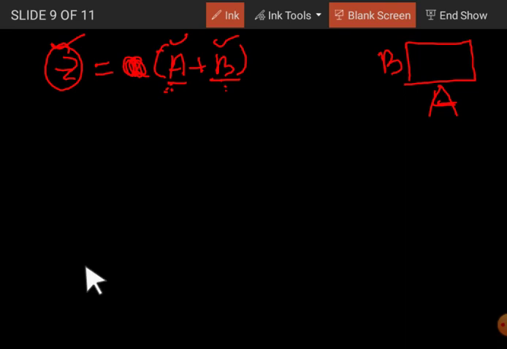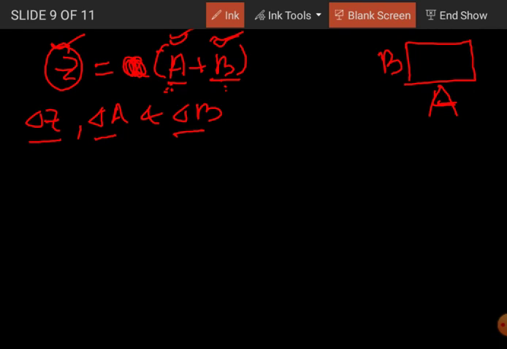Let delta Z be the absolute error in the measurement of Z, and delta A and delta B be the absolute errors in the measured quantities of A and B respectively. That means delta Z, delta A and delta B are the absolute errors in the measurement of Z, A and B. Got it?